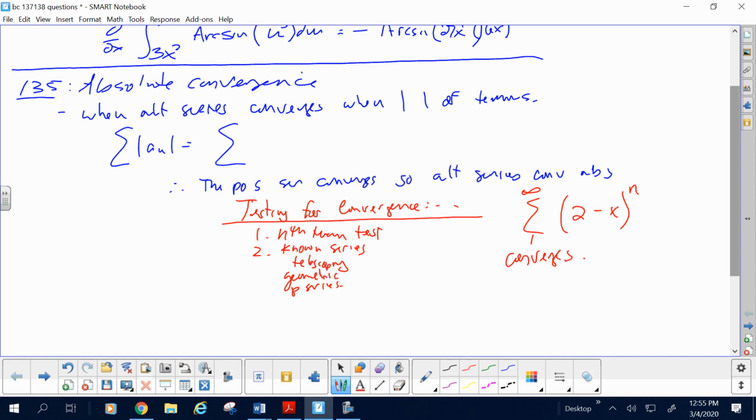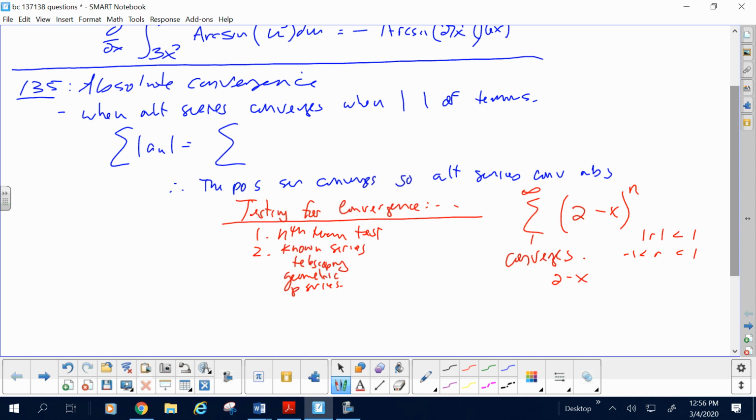What do you know about, actually let's go 2 plus x converges. No, I like 2 minus x. Let's make it difficult. Okay, what would you know about x? Well, let's start with 2 minus x. What would you know? Okay, when does geometric converge? When r is between -1 and 1, yeah?